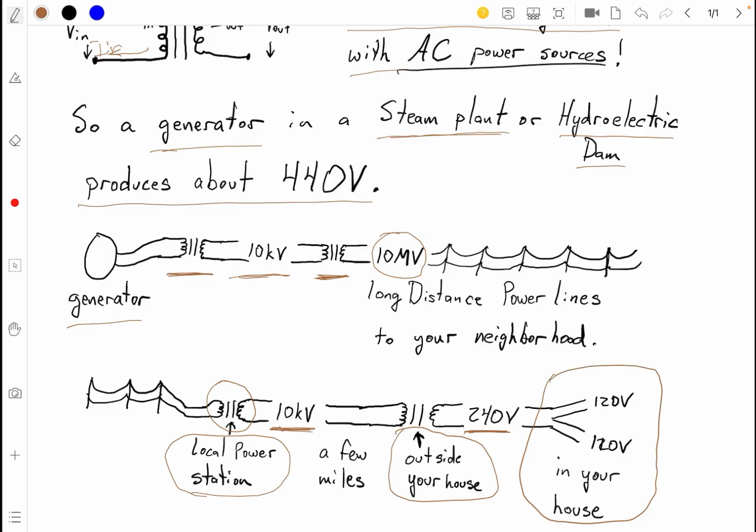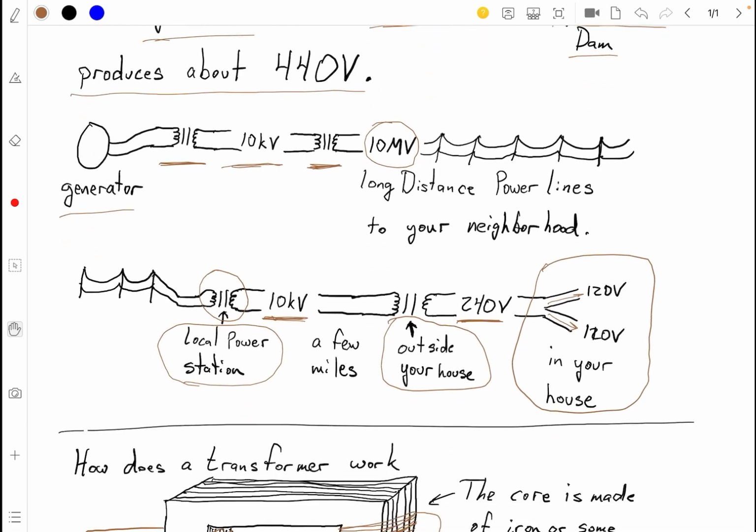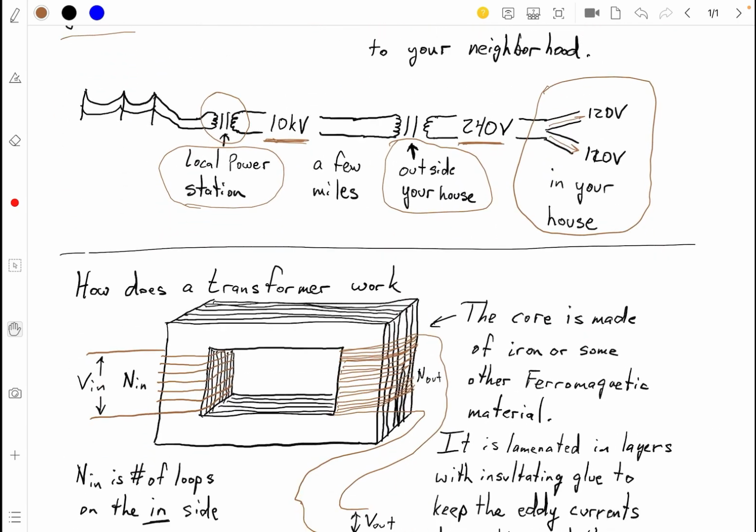Well, inside that breaker box, it splits that 240 volts in half, and it sends half to one side of the house and half to the other side of the house for your 120 volts. And it's a pretty elegant system, actually. It works really well and very straightforward. So let's talk a little bit about how transformers work.